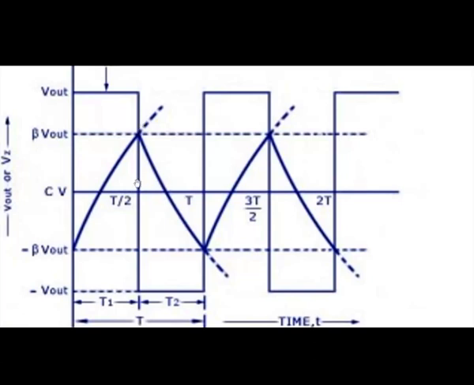Then the capacitor discharges towards minus V saturation, and once it goes below minus beta V saturation, the output transitions to positive V saturation.